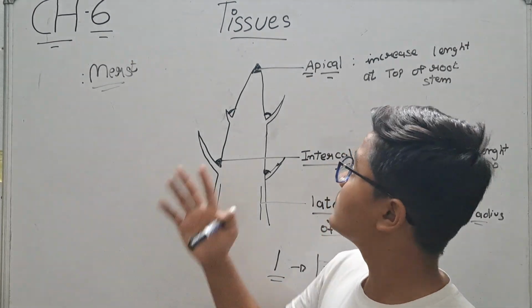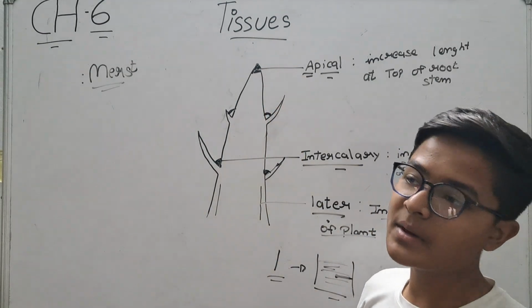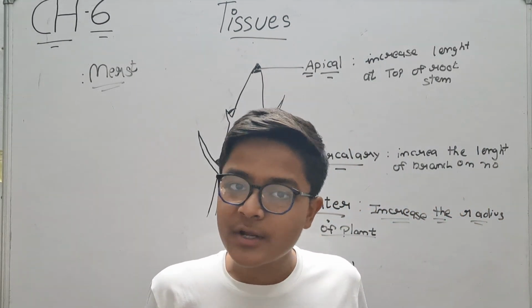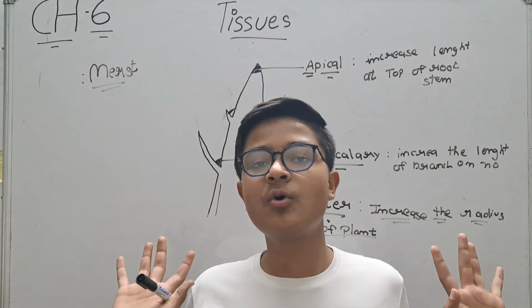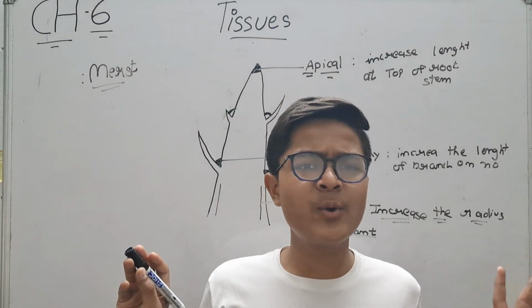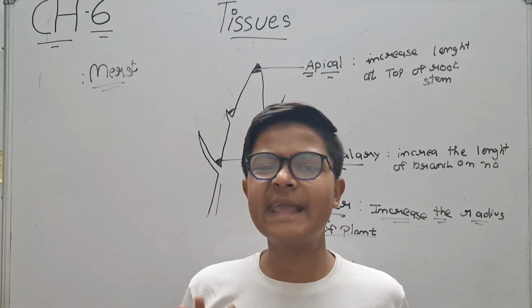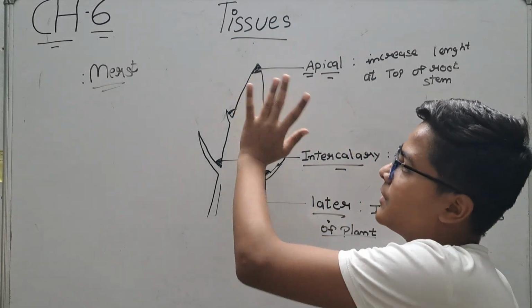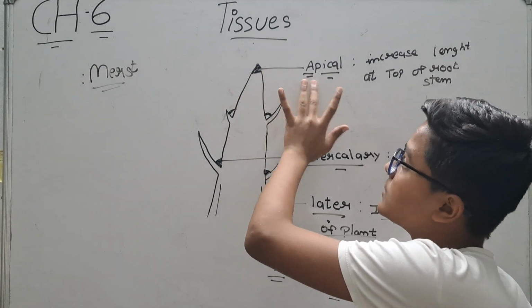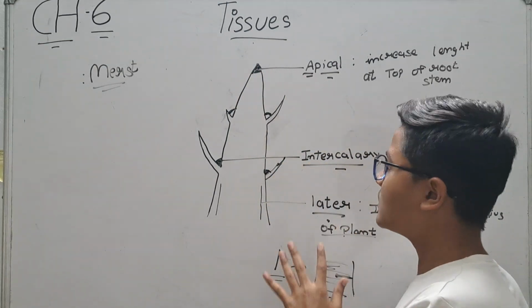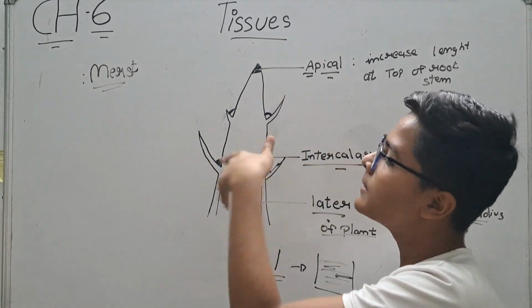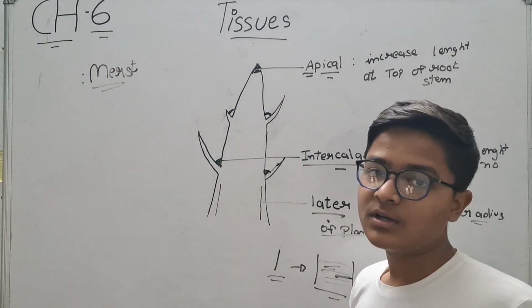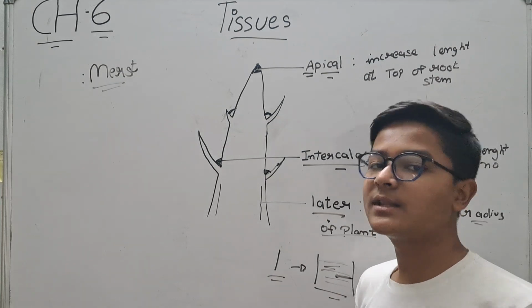If you become old, you cannot do any work, you just sit at home and take rest. Like that, apical tissue is young, so it is for growing. When it becomes old, it converts into permanent tissue, it will not grow, it will only protect the plant.